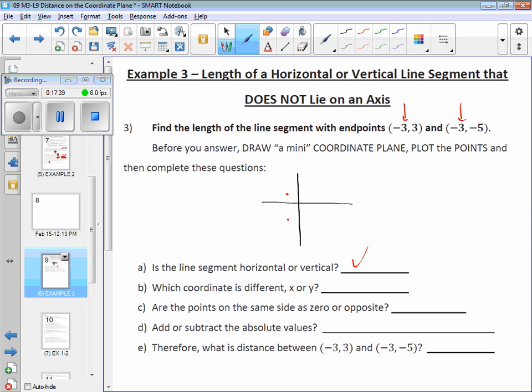They're both -3. The y's are the ones that are different. Same sign or opposite sign of those y values? Correct. Got it?